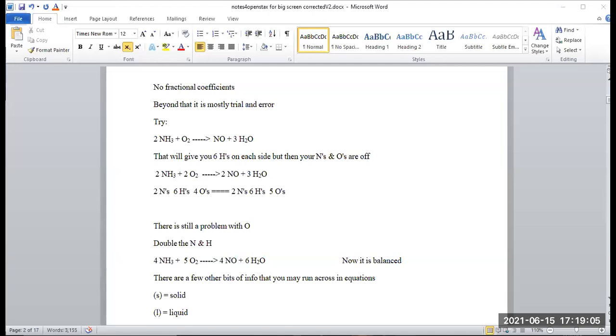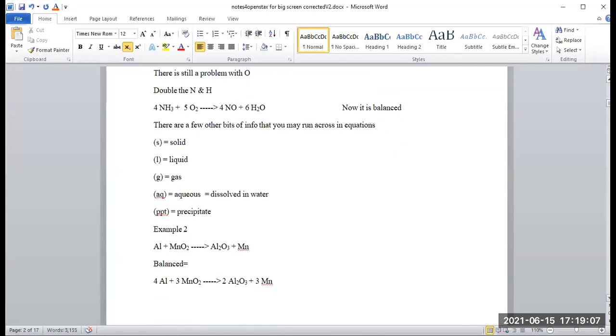So back to some more information. Some other terminology that you will see is subscripty things that are inside of parentheses. If I have an S, an L, or a G, those are states of matter, so kind of obvious: solid, liquid, and gas.